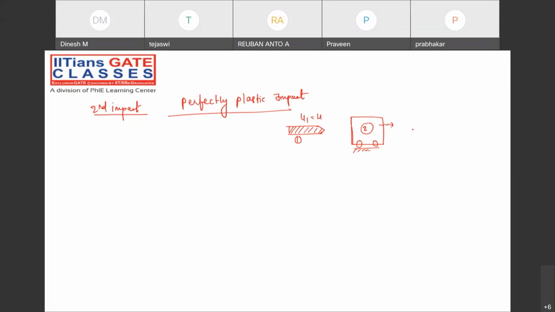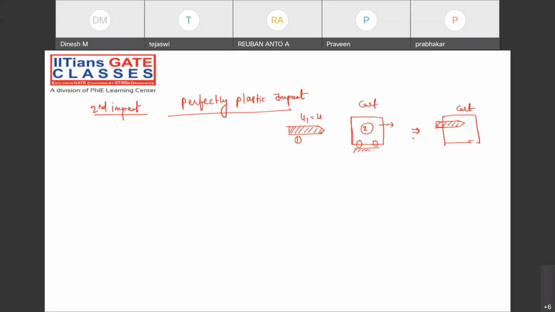Now, after striking, what will happen? It is just embedded in this particular thing. Suppose the bullet is not coming out of this cart. Suppose this is a cart. The bullet is striking the cart. After striking, the bullet is not coming out of this particular cart. Then what can we say under this condition?